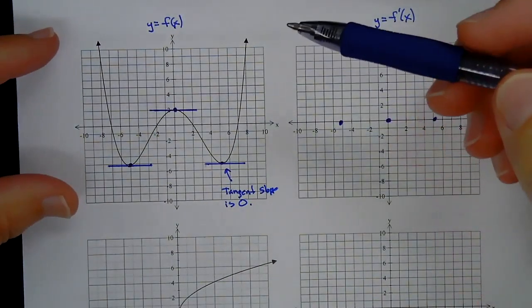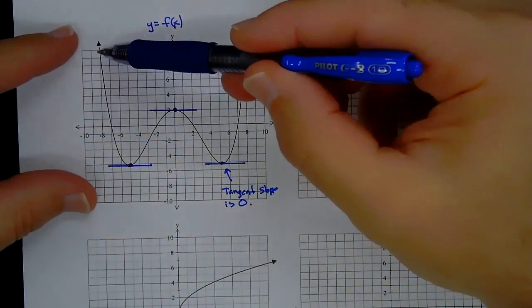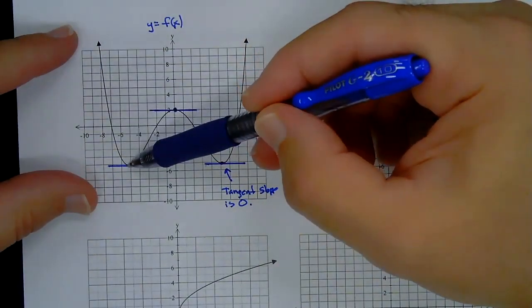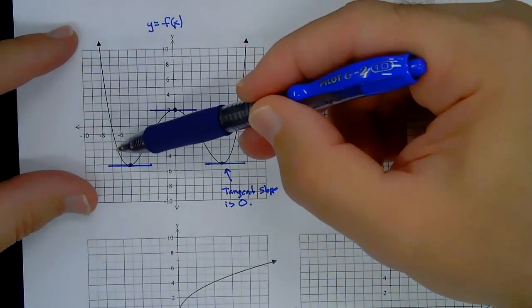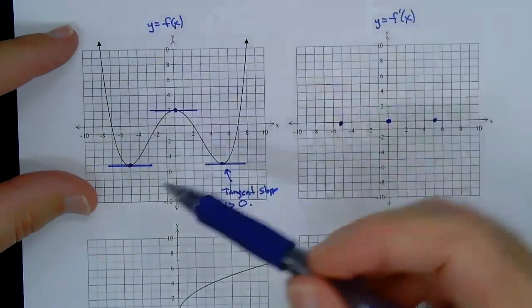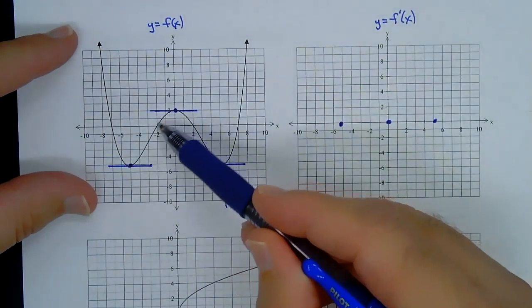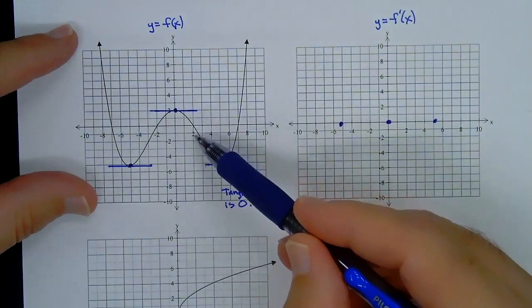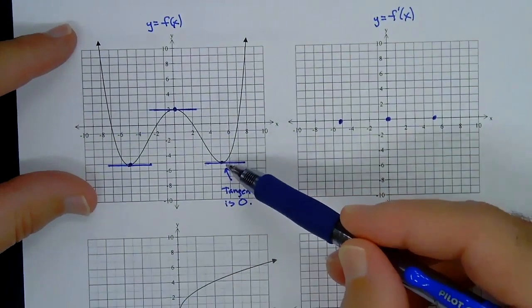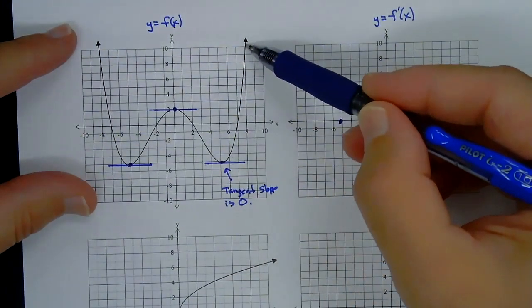Now let's look at everything in between. All of the tangent slopes in here are going to be negative. All of these are going to be positive. All of these tangent slopes are negative, and all of these tangent slopes are going to be positive.